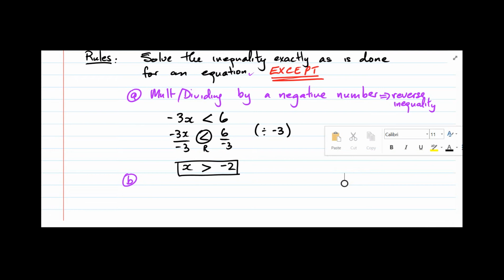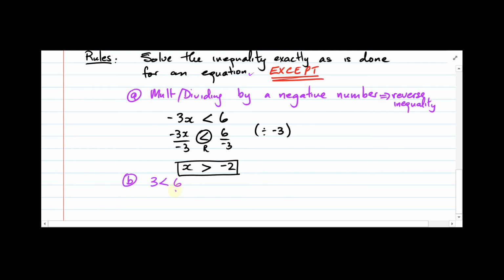And the second thing that we want to look at is if I have the number that 3 is less than 6, suppose I exchange the left and right hand sides. So that would mean I'd have 6 on the left, 3 on the right. How could I maintain the truthfulness of this statement? Well, I would have to reverse the inequality.